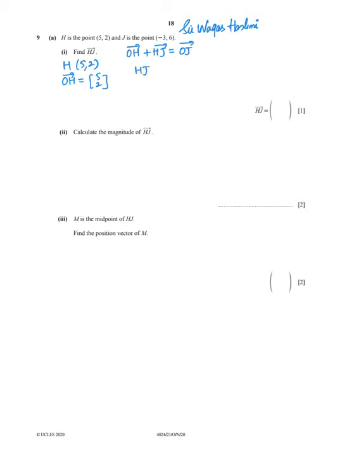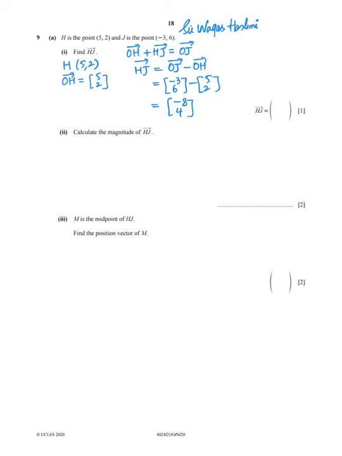We need to find HJ, so that is equal to OJ minus OH, right? So the vector OJ is (minus 3, 6) minus the vector OH, which is (5, 2). So minus 3 minus 5 is minus 8, and 6 minus 2 is 4. That is your answer.